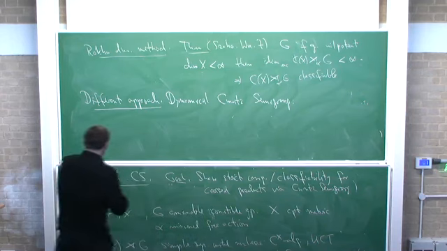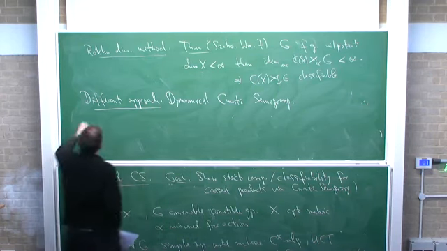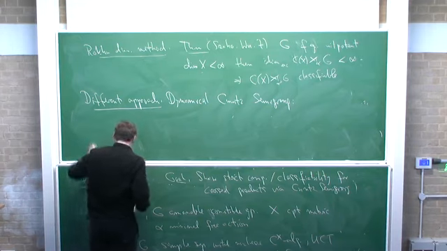The basis of the dynamical Cuntz Semigroup is you start with classes of tuples.